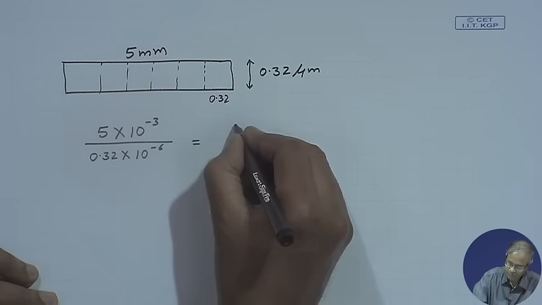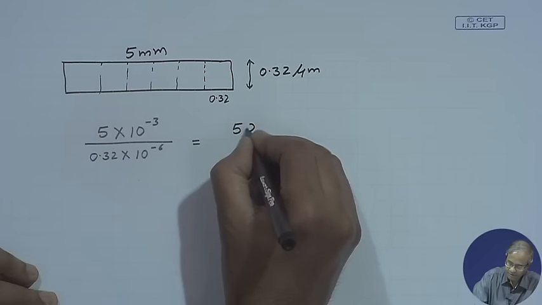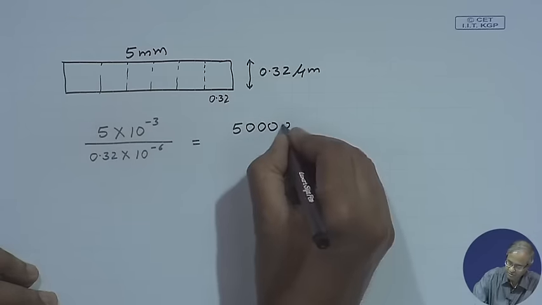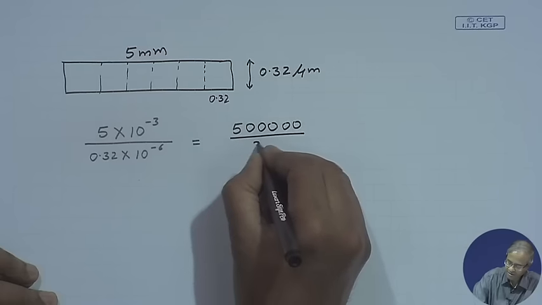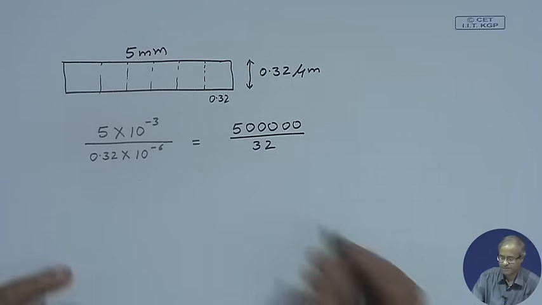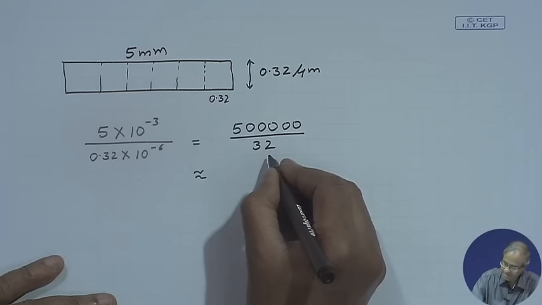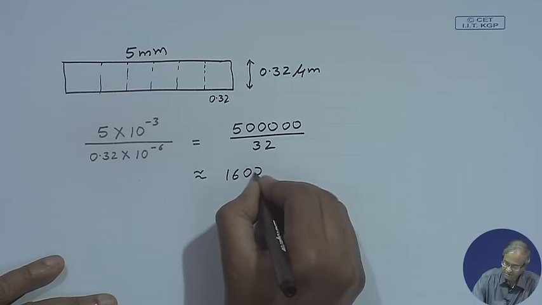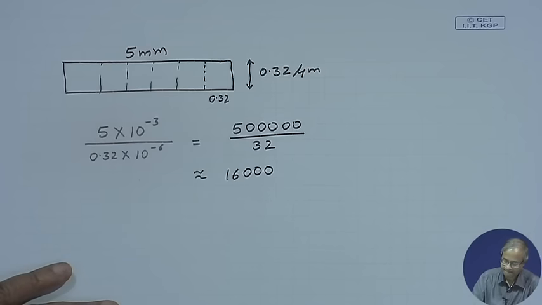This comes to 5000, and if you take out this 32, another 2 zeros, divide by 32, this will be approximately 16,000.